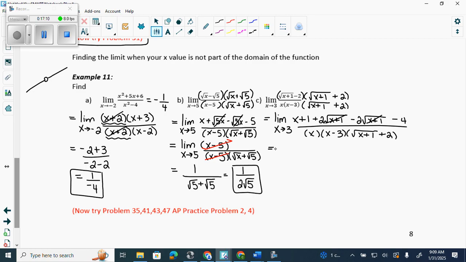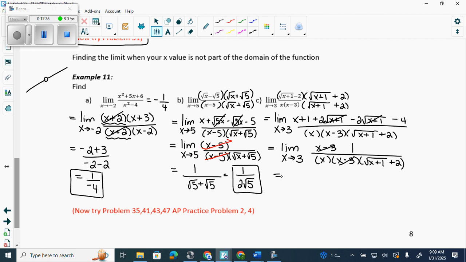And then x plus 1 minus 4 is x minus 3, which is my problem child. Then my problem child cancels off. And once that's gone, the problem is gone, I can plug in the 3.